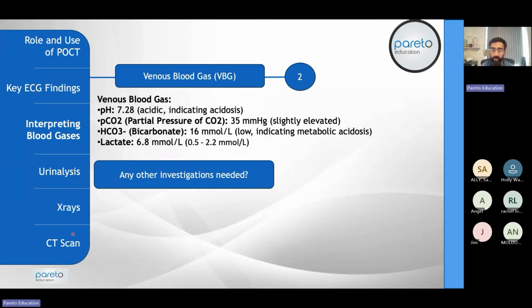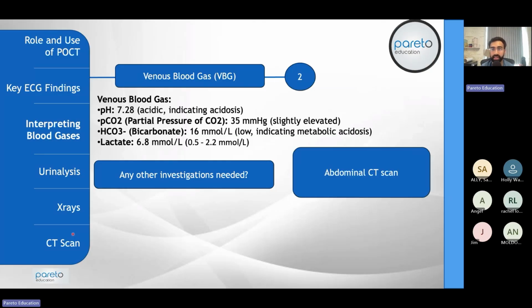So if you had this patient and you were in secondary care, for example, what other investigations would you do? Or what would you think about doing for this patient? Yeah, a CT abdomen.